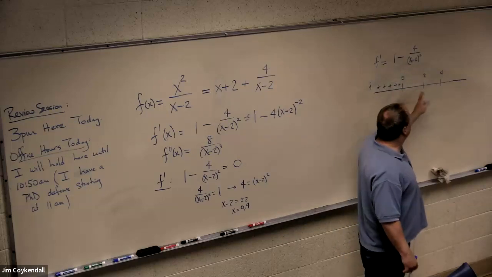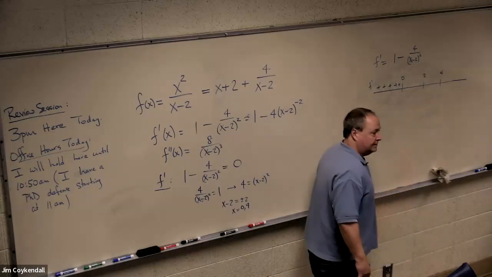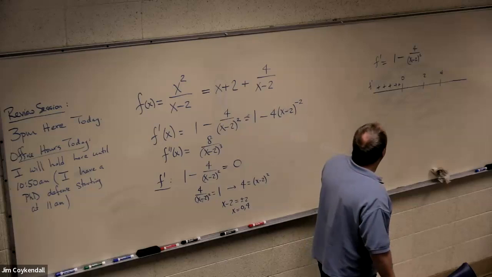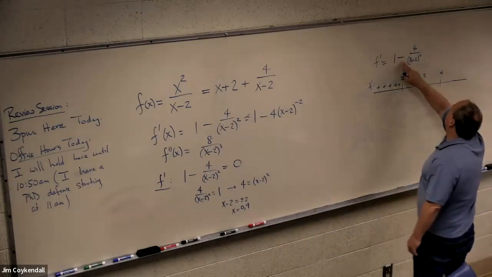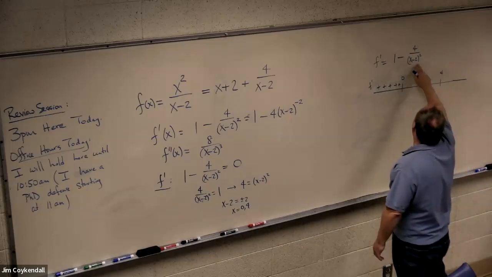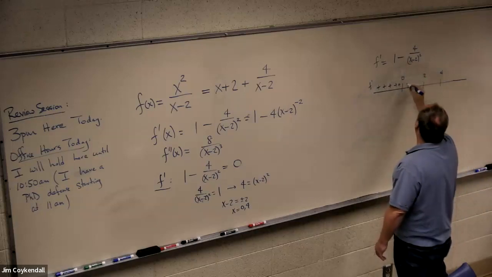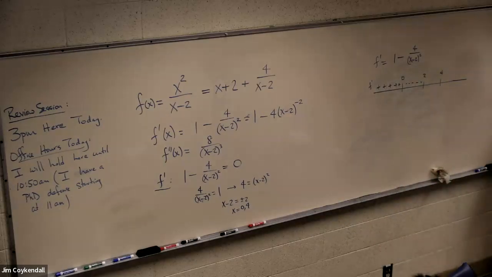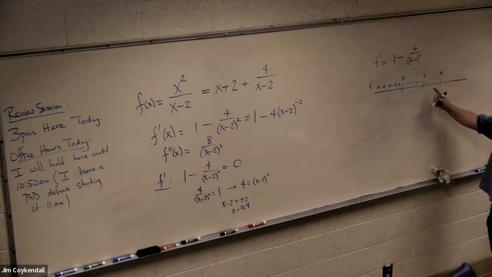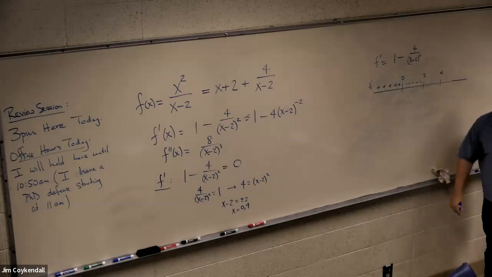What's a convenient number in this range? How about 1? I get 1 minus 4 over (1 minus 2) squared, that's 1 minus 4, so that's negative. What's a convenient number to check here?